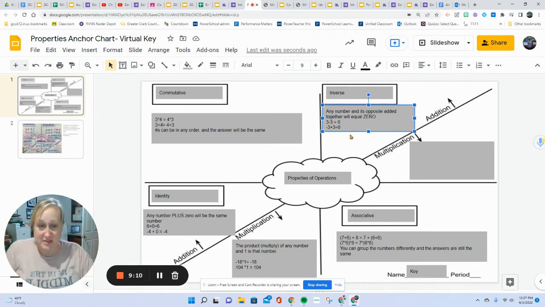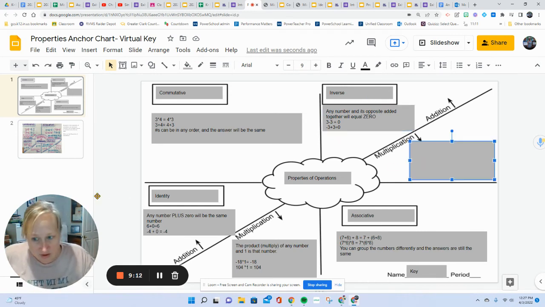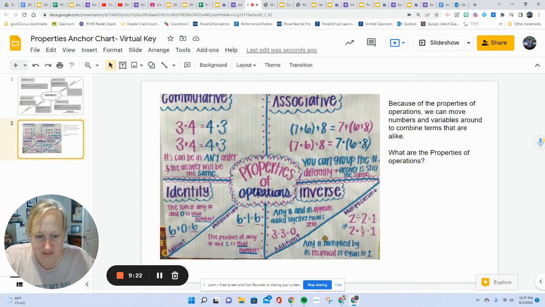What you want to see is that that's technically positive 3, and this one is -3. So they're both opposites. Now, multiplication, I've told you that the inverse is division, but they're going to use fancier words, but you just need to remember it's division, because students get stressed out when they say fractions. So any number multiplied by its reciprocal is equal to 1.